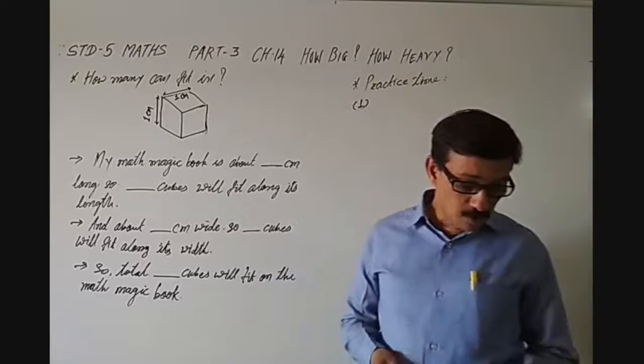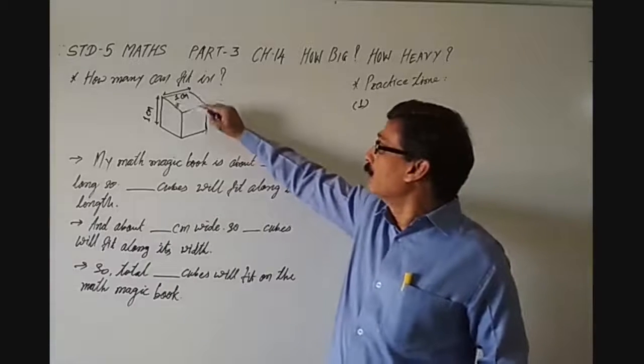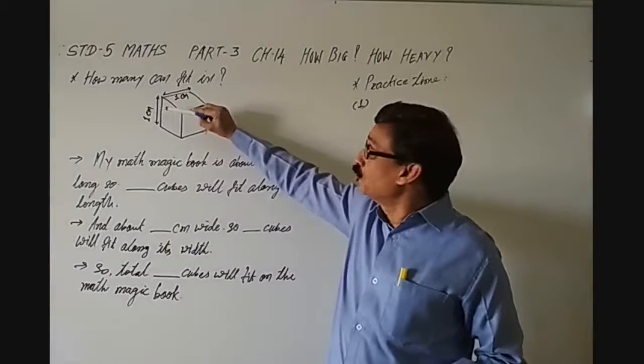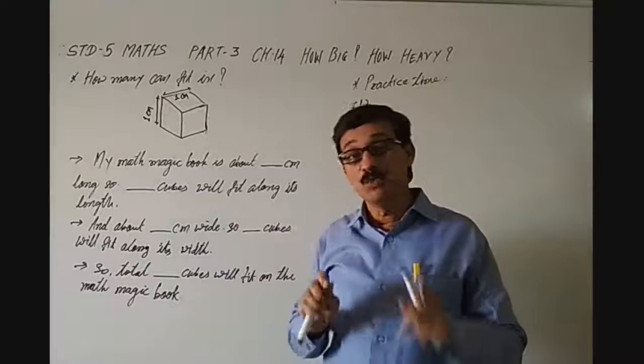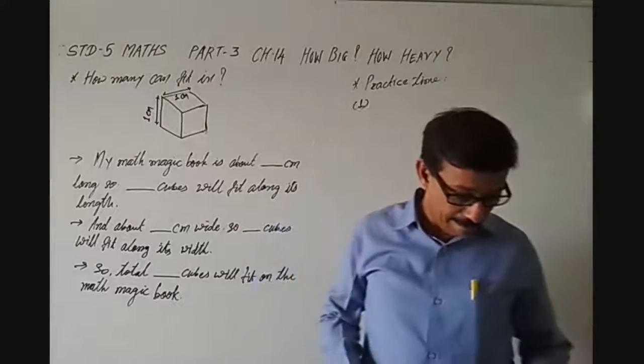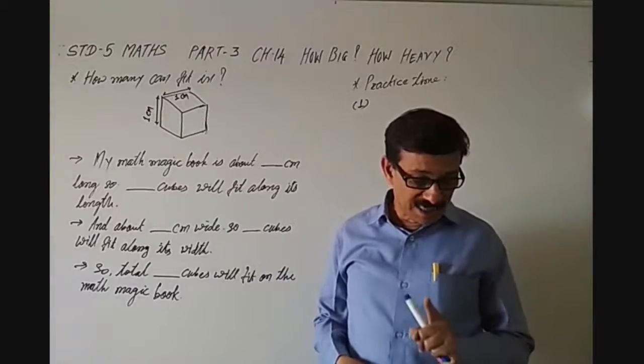This is a cube whose sides are 1 centimeter each. You can see there is a cube. All the sides of this cube are 1 centimeter each. Let it be any side, it is 1 centimeter. Your mathematics book is 1 centimeter high.